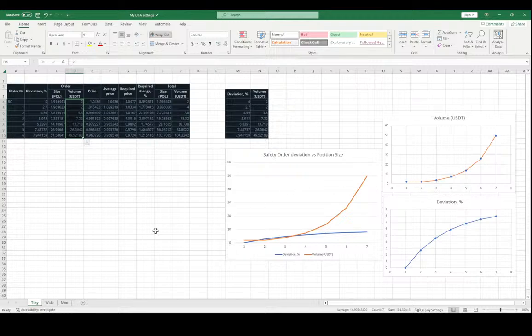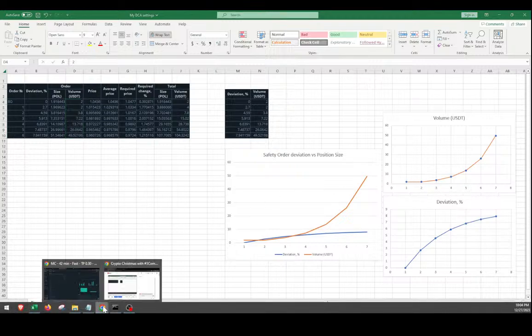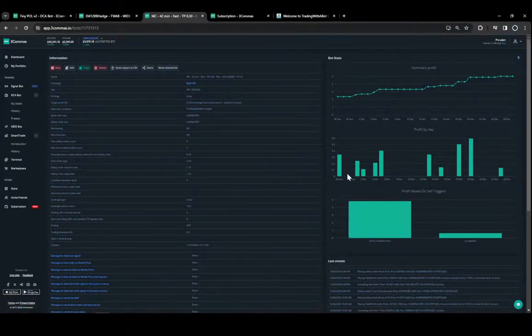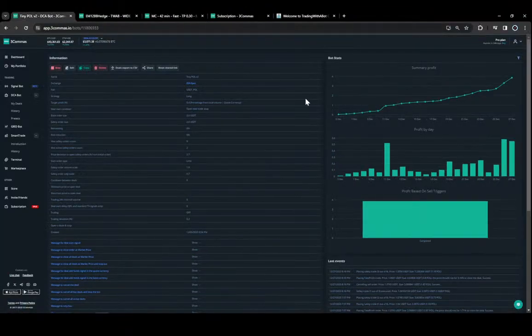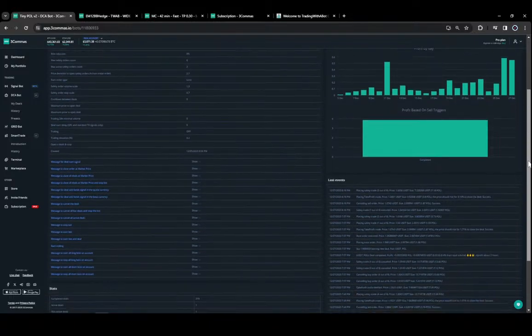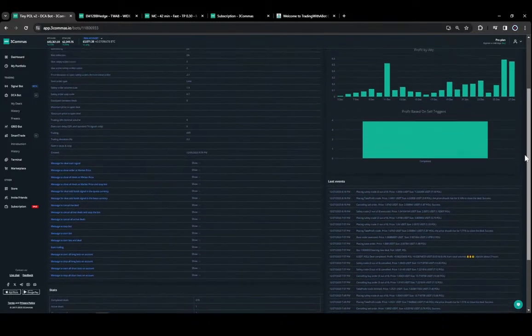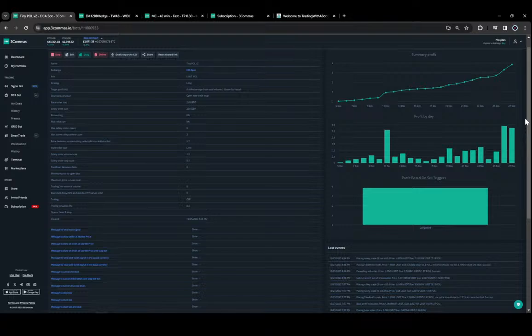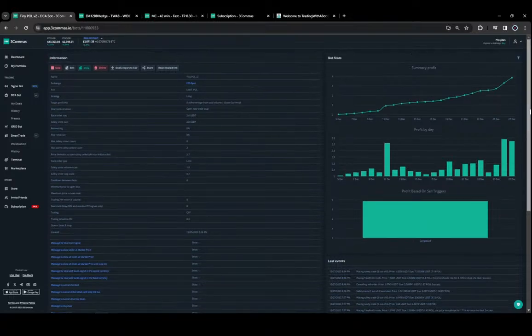And when the markets are pumping up the price, then we have very small profits. But if the bot is taking some of the safety orders, it's picking up the volume, and then the profits become more sizable. So this is one interesting and working DCA, right?